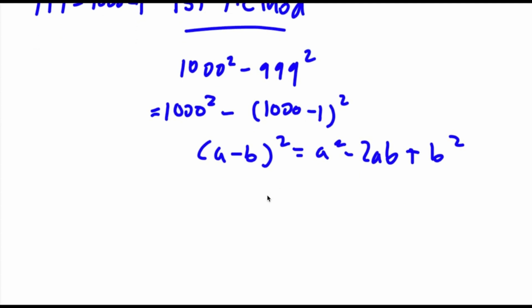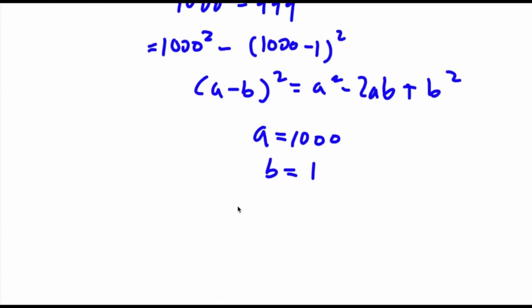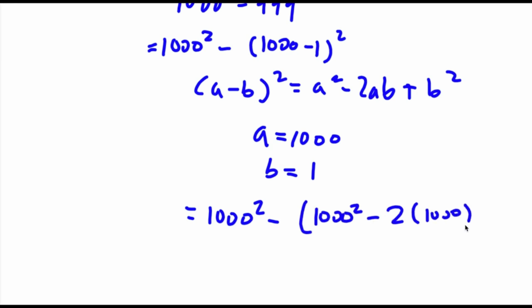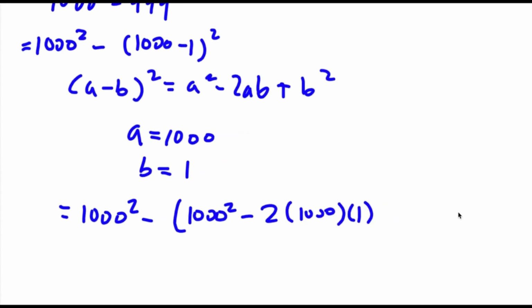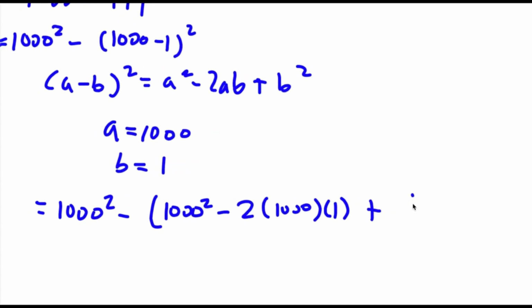So in this case, a is equal to 1000 and b is equal to 1. So this is going to equal 1000 squared minus (1000 squared minus 2 times 1000 times 1 plus 1 squared).